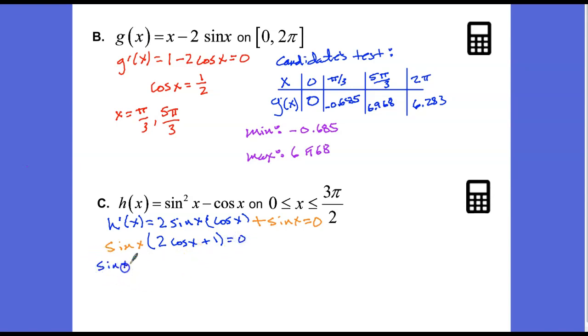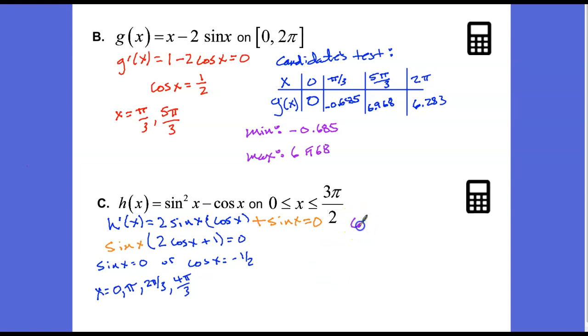And we have sine x equals 0, or cosine x equals negative 1/2. Okay, so this is going to happen when x equals 0, pi, and then for cosine at 2 pi over 3 and 4 pi over 3. And remember, we're on the unit circle, but we're only going around to 3 pi over 2, or 270 degrees.